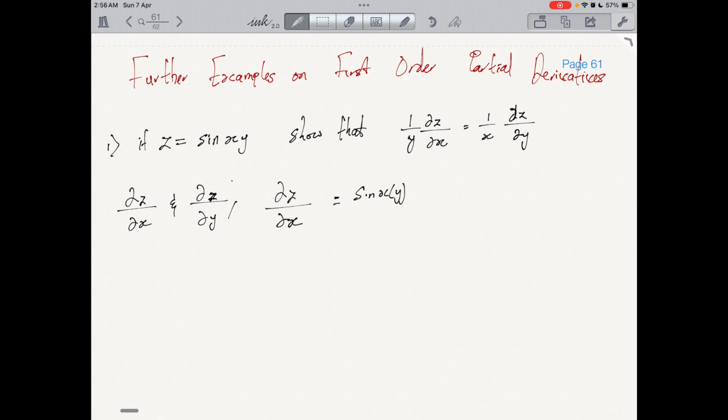Now we recall that whenever we differentiate with respect to x of sine ax, we will have a cos ax.